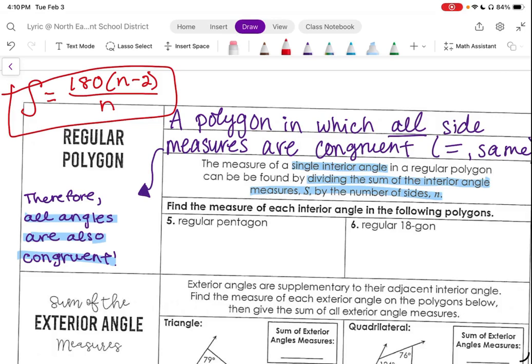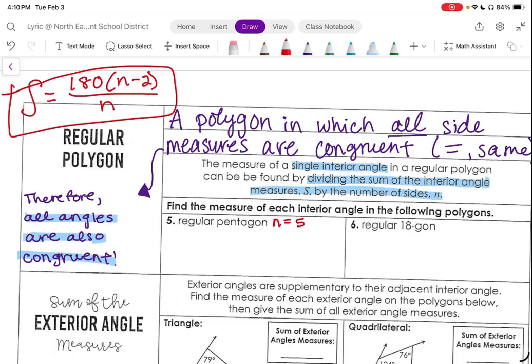Okay, it says find the measure of each interior angle in the following polygon. So let's look at number 5. It's a regular pentagon. So look back at your page from before. I'll give you a second to do that. How many sides are on a pentagon? Hopefully you looked, and there are 5 sides on a regular pentagon.